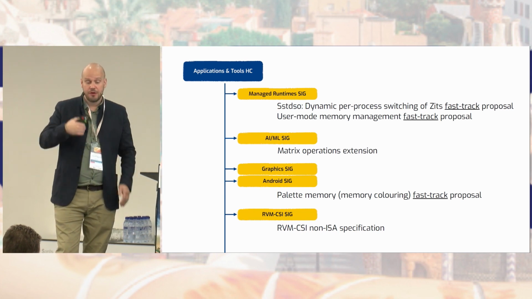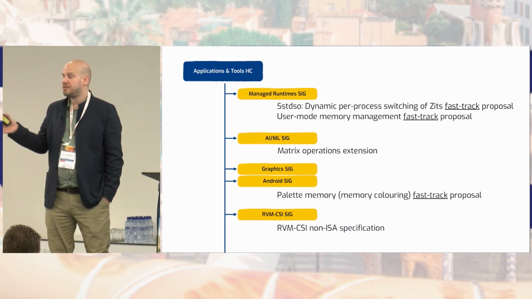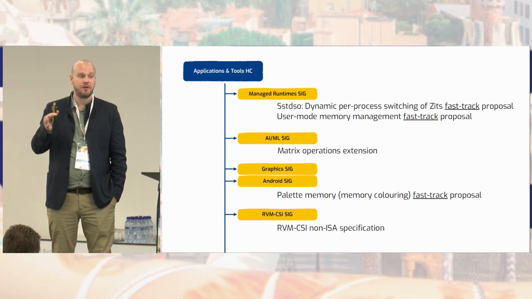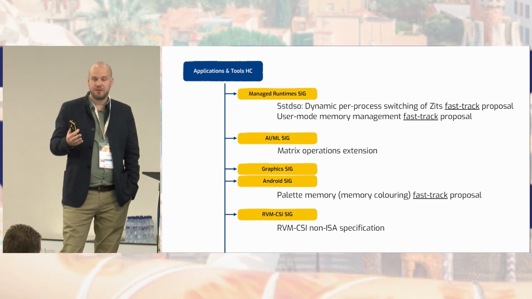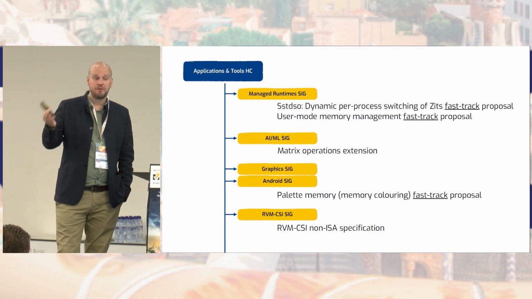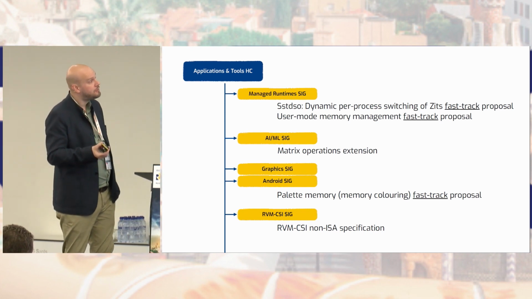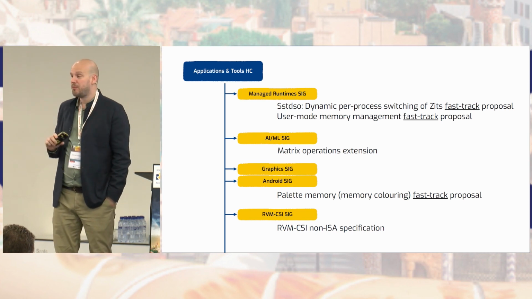And they have 2 fast tracks in flight at the very beginning, because it hasn't been put out to the architecture review process and all of our internal processes of trade-offs, but it is being circulated, it is being discussed in the respective group at this point. One of them is a dynamic per-process switching of CTSO, so autocorrection hit me there, strong memory to weak memory model switching.